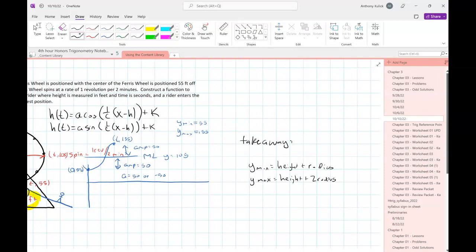So if we say the minimum is the height plus the radius, and the y max is the height plus 2 radius, then K is the average of those. And then the absolute value of A is just going to be the radius.